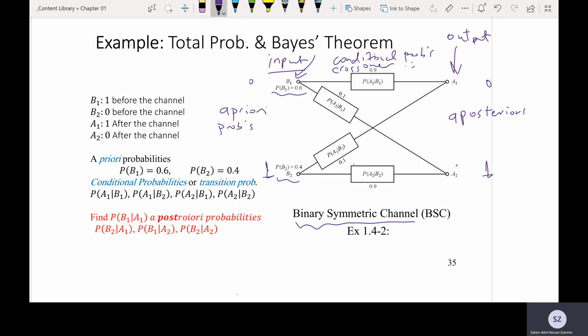A posteriori means after, after operating the system. So I have the a priori probabilities, which are the probability of B1 equal to 0.6 and the probability of B2 equal to 0.4. I have the conditional, or transition, or crossover probabilities, which are the probability of A1 given B1.